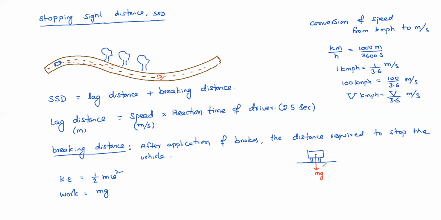Vehicle weight is mg. The vehicle is moving in the rightward direction with velocity v. Obviously frictional force will be there in the opposite direction. You know that frictional force is normal reaction mg multiplied by the coefficient of friction, generally taken as f.